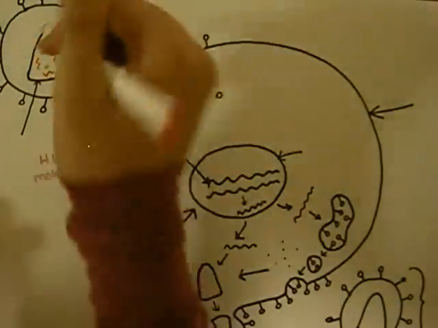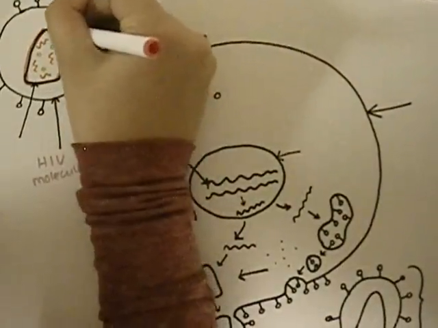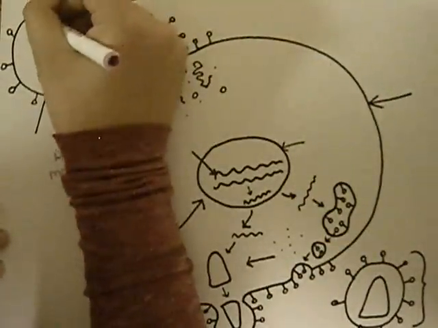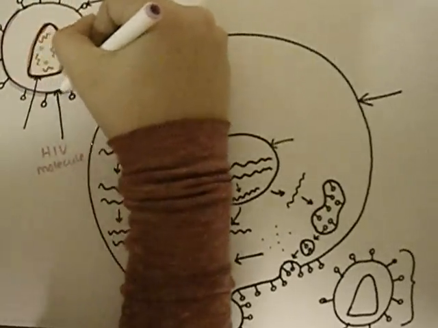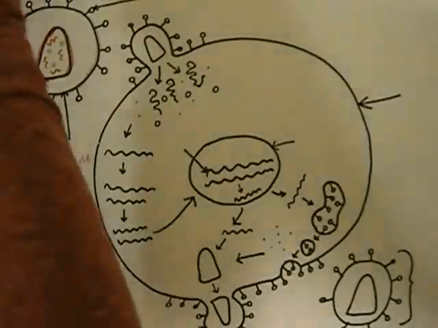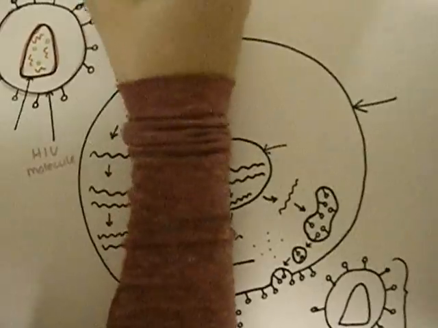And that is enclosed by a protein coat called the capsid, which is also enclosed by the viral envelope. And surrounding the viral envelope are the glycoproteins.